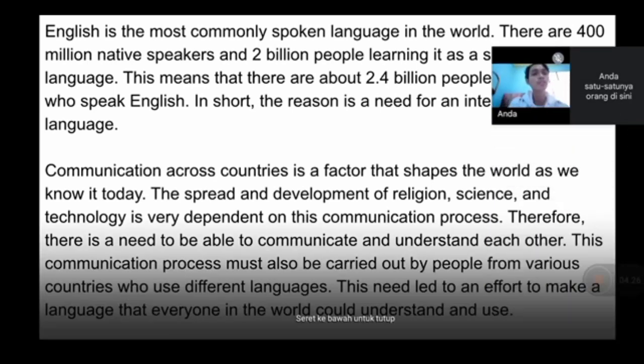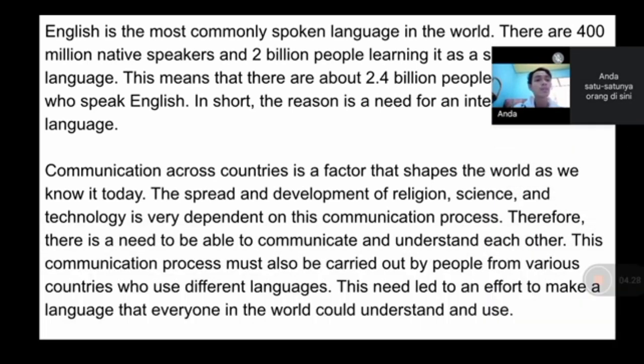Communication across countries is a factor that shapes the world as we know it today. The spread of development and religion, science and technology is very dependent on this communication process. Therefore, there is a need to be able to communicate and understand each other by people from various countries who use different languages. This need led to an effort to make a language that countries in the world could understand and use.